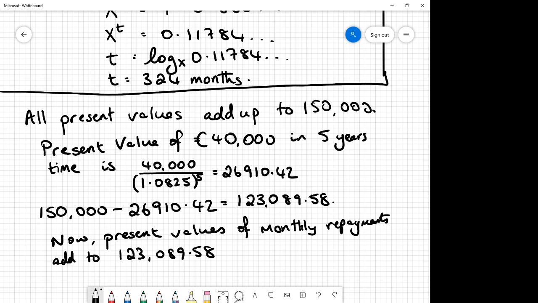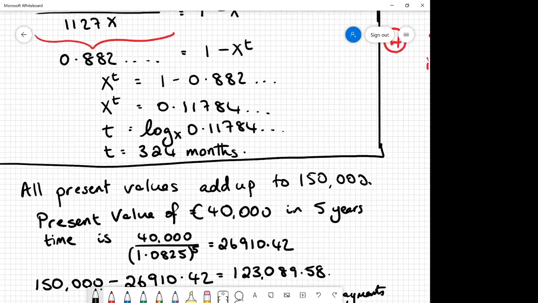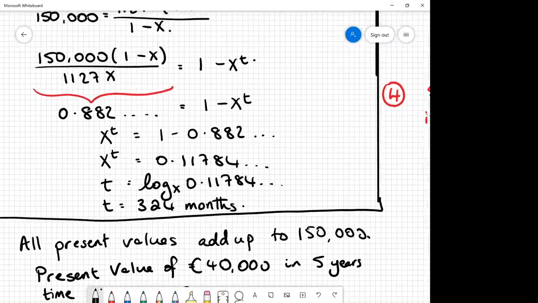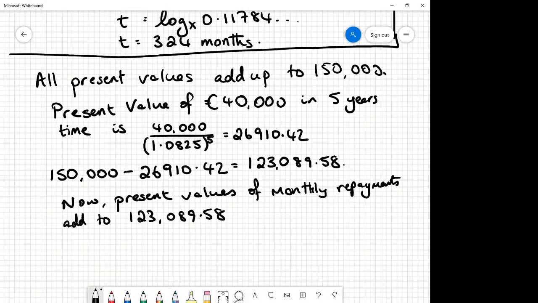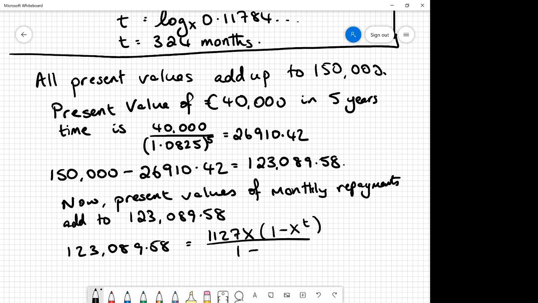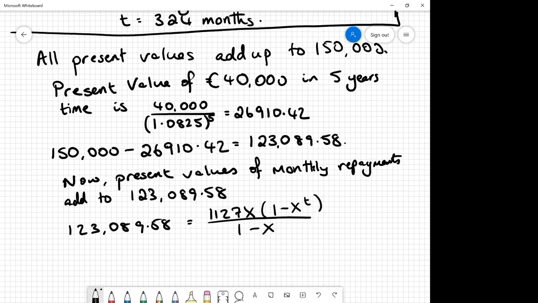And we're going to put that into the formula that we were using above again. So the value of x hasn't changed. The only thing that's different is that it's starting with 123,089.58, which is equal to 1127x times (1 minus x to the power of t) all over 1 minus x.